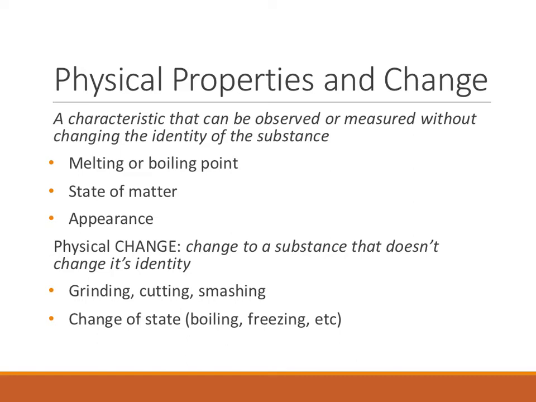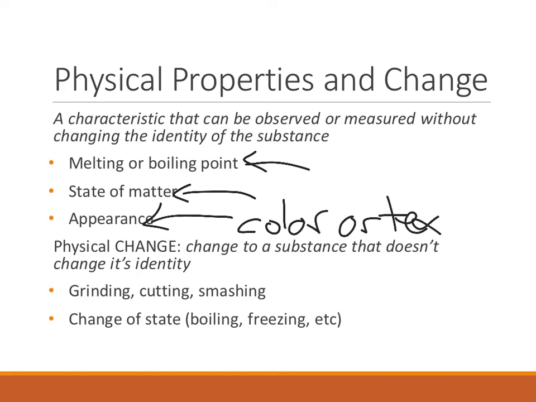For example, if we melt or boil something, we can tell when that happens and at what temperature, but we don't actually change the substance. Same with the state of matter and its appearance, such as its color or its texture. These are all physical properties, things we can observe without changing it. Likewise, physical change means we do something to a substance that doesn't change its identity. We just grind it up or we change its state.